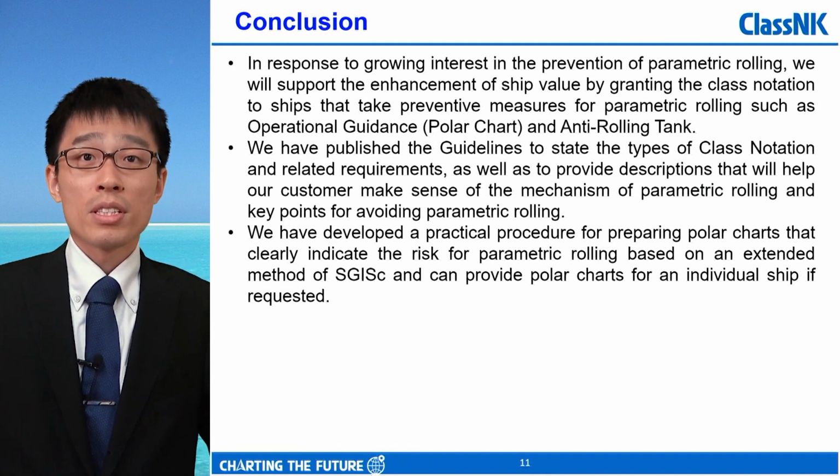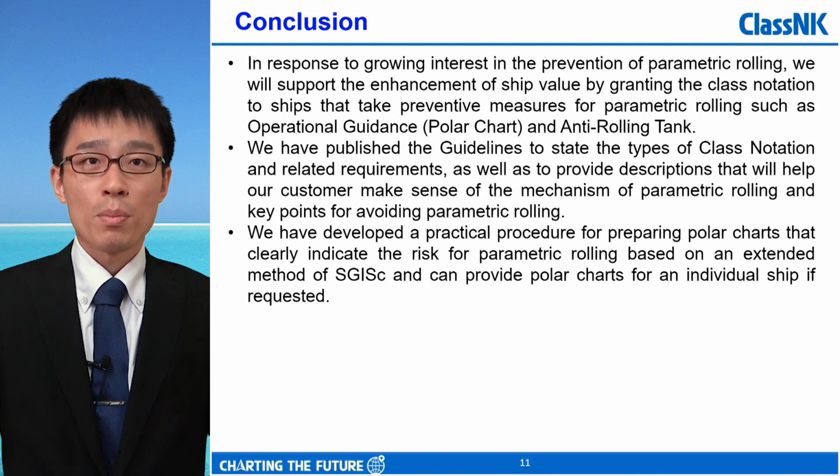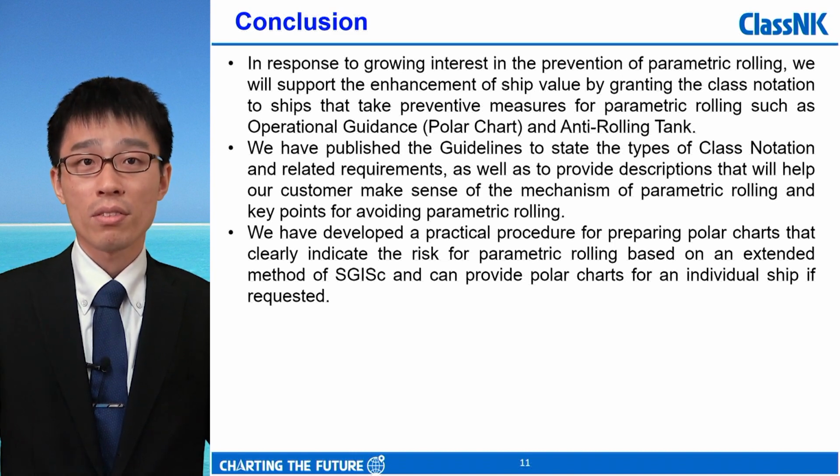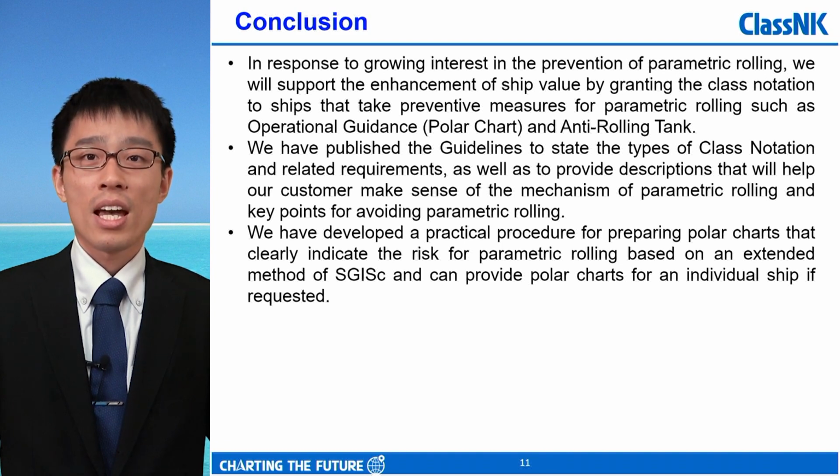So, in response to growing interest in the prevention of parametric rolling, we will support the enhancement of ship value by granting the class notation to ships. We have published guidelines to state the type of class notation and related requirement.